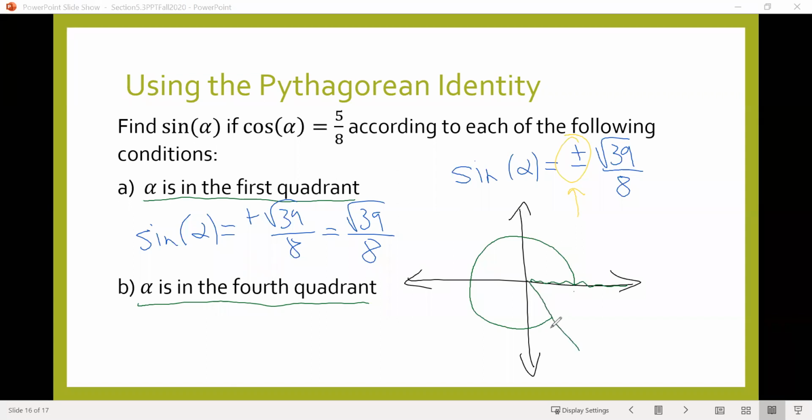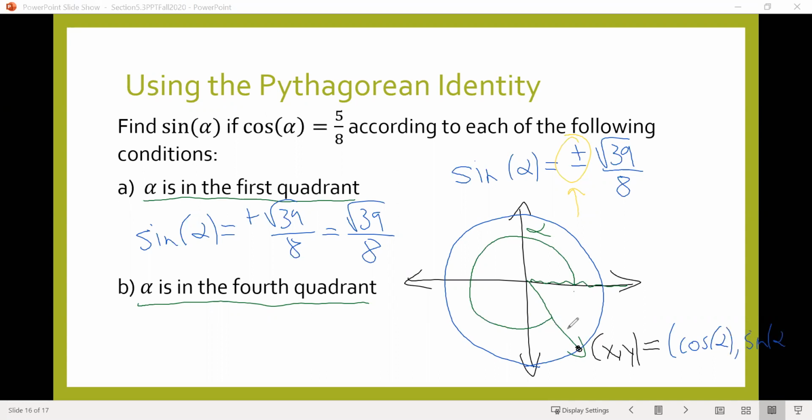And this is where our terminal side would be. So this would be our angle alpha, this big angle here. And again, if I add in our unit circle here in blue, we once again know that this point where that terminal side intersects the circle, that x comma y, is going to give us, for the angle alpha, cosine of alpha comma sine of alpha.